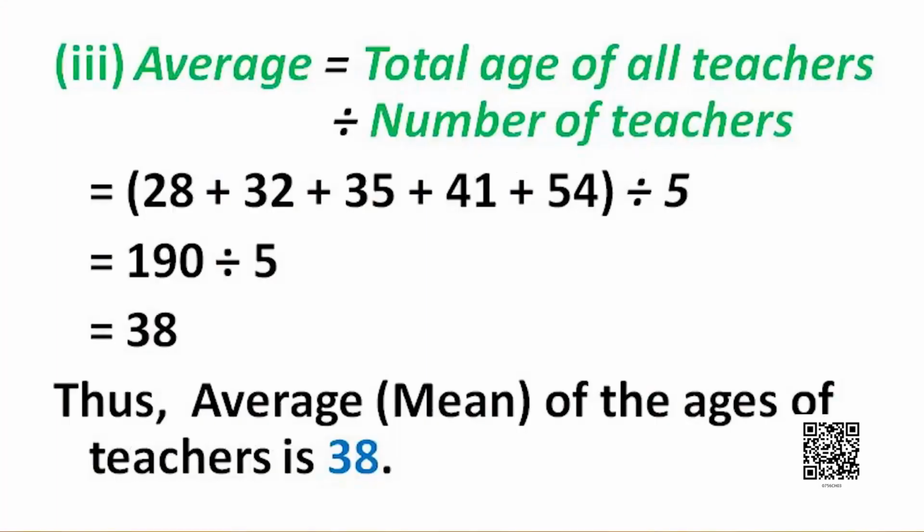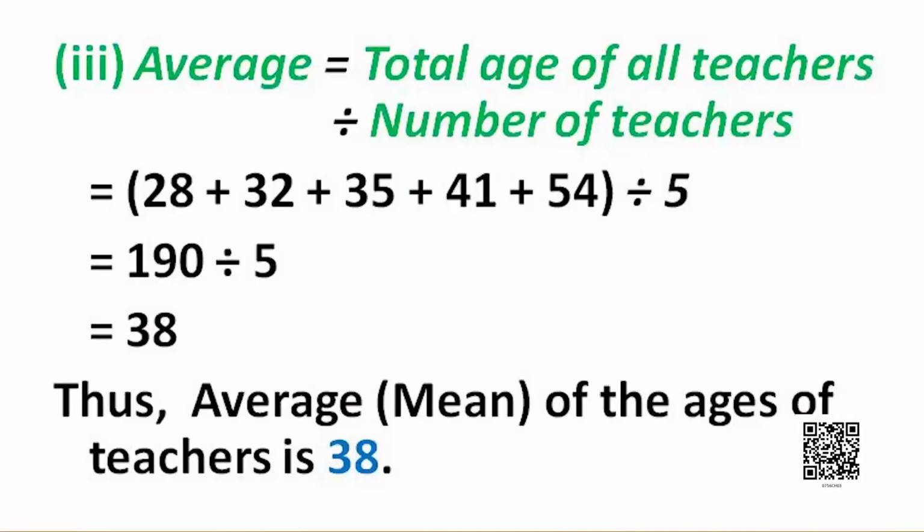And then I found the average, or the mean, of these ages. Again I did the same thing: I added all the ages and divided by the number of teachers.